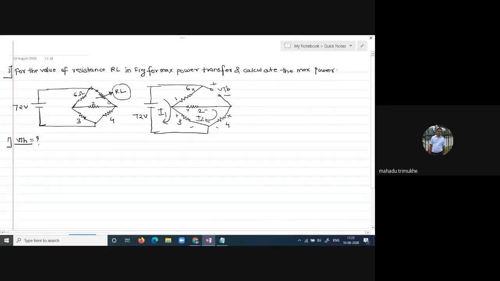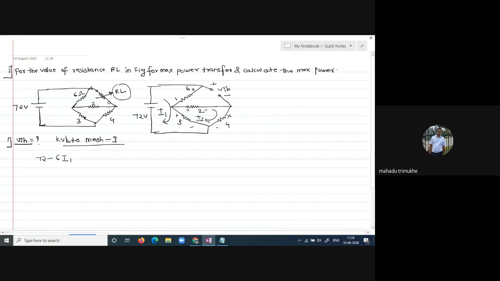Now apply KVL to mesh 1. What is KVL at mesh 1? That is 72 minus 6I1.